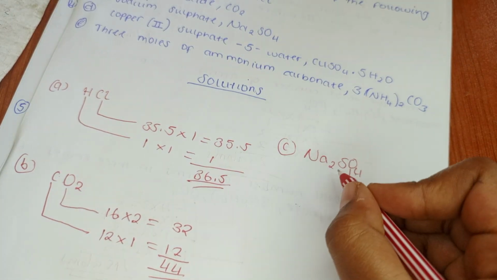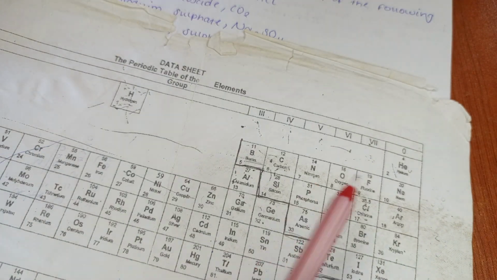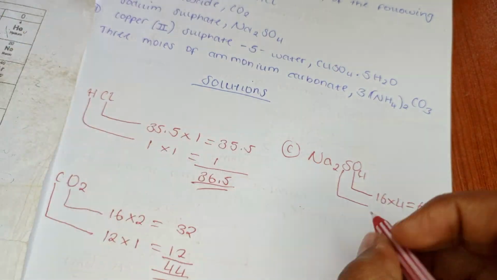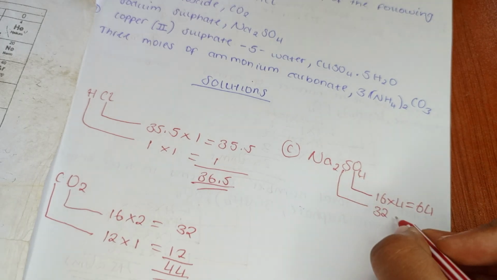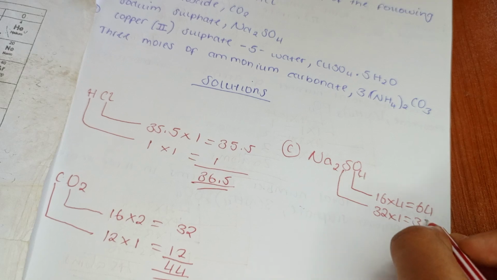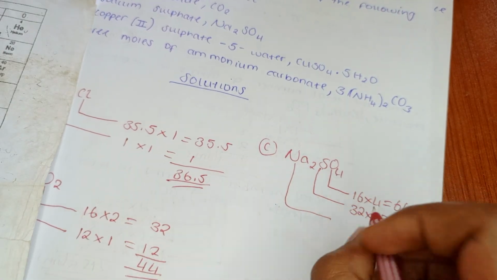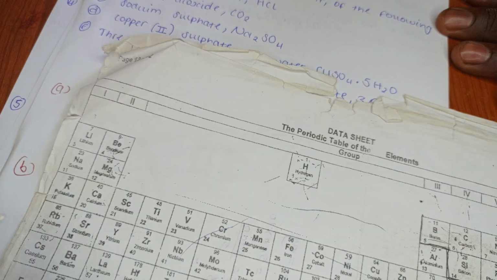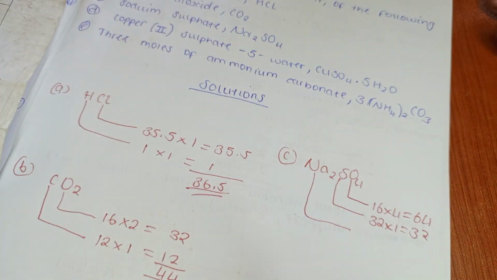And then for sulfur, the mass number is 32, so that's what we're going to write here. So 32 by 1 sulfur atom is equal to 32. Then here for sodium has a mass number of 23, so that's what we're going to write here.